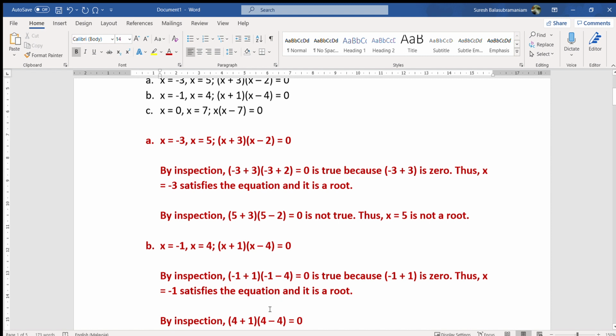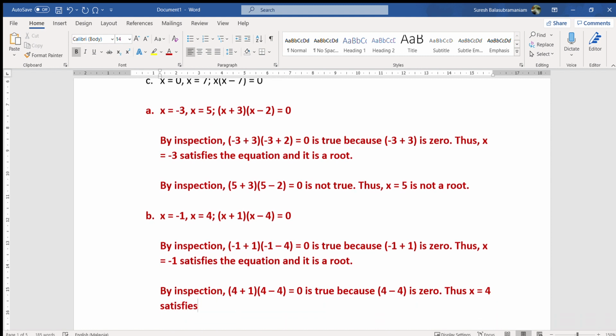Yes, because the second part of the equation will produce 0. 4 minus 4 is 0, so I can say it is true because 4 minus 4 is 0. Thus x equals 4 satisfies the equation and it is a root.